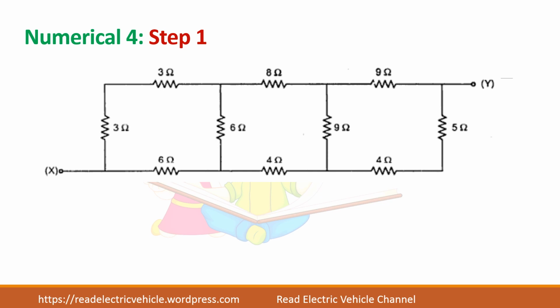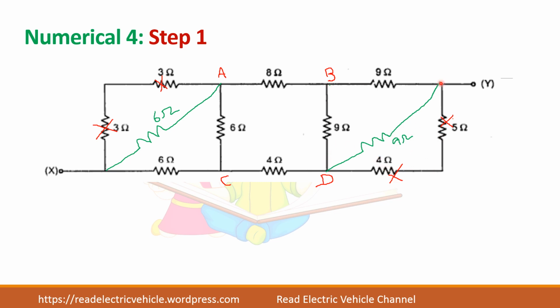Now you see here 3 ohms are in series, so you can add these two, and it becomes 6 ohms. Similarly here 2 resistances are in series, so you can add these two, and it becomes 9 ohms.